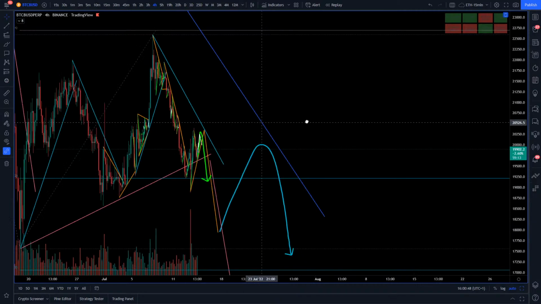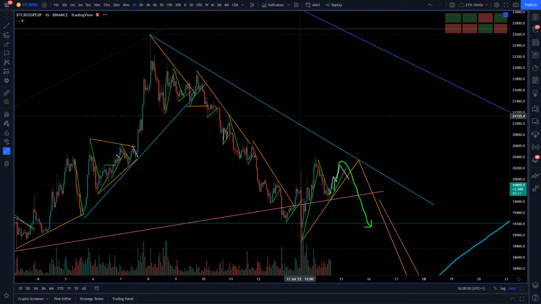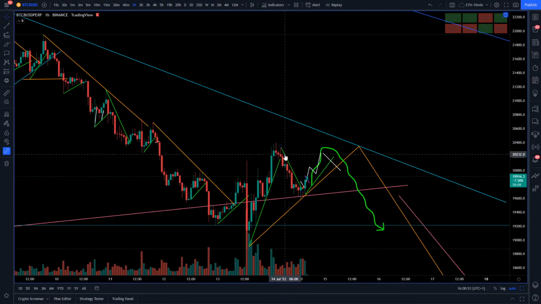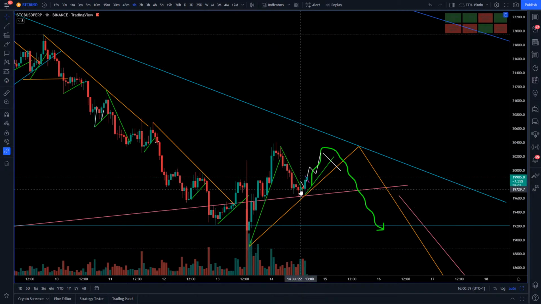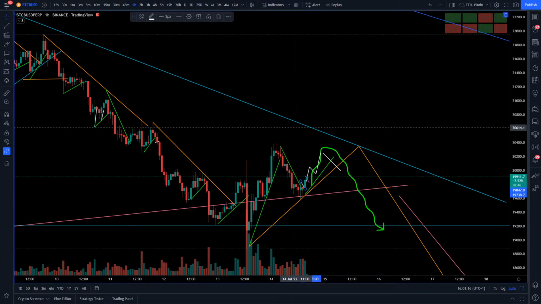Okay, maybe I can show you this example. This green line. So how do we confirm that higher low? That higher low happens after this breakout happened. And how do I confirm that breakout? Do you understand that?